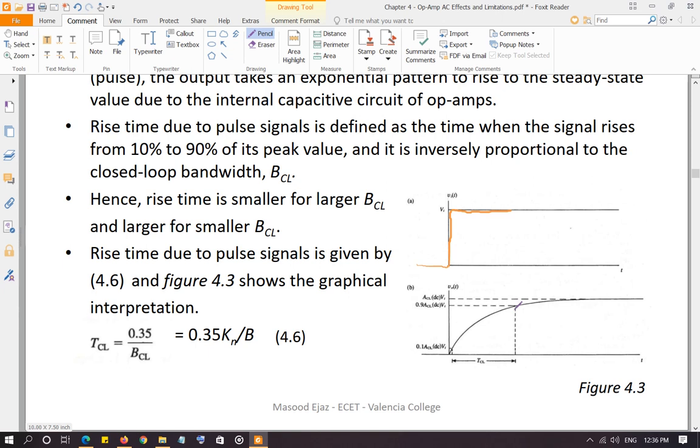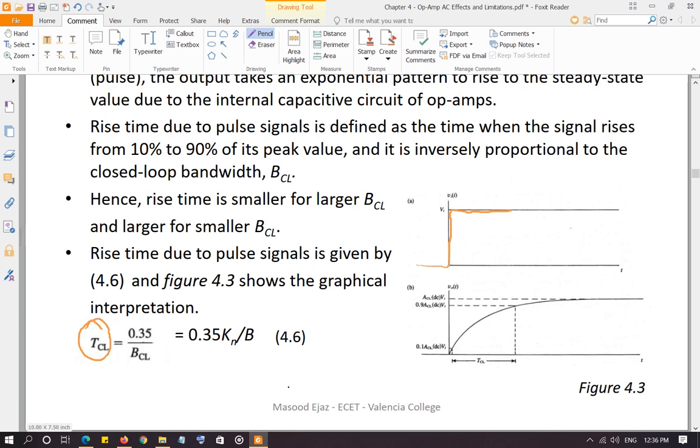Pretty soon we're going to look at another rise time due to the slew rate. So there are two different rise times that we're going to look at. But due to the closed loop bandwidth, it is from 10% to 90% of the output value. And this time is defined as the time due to the closed loop bandwidth, or TCL.